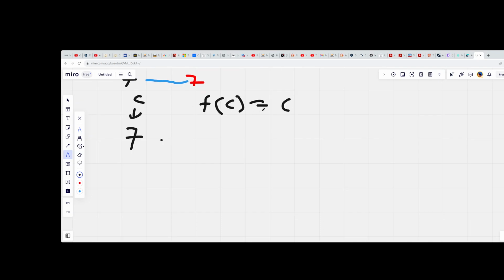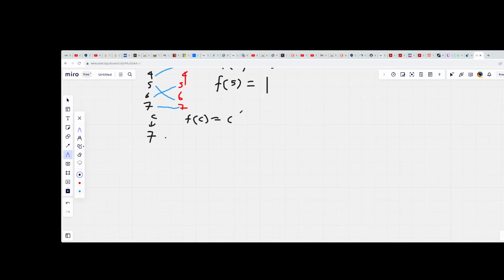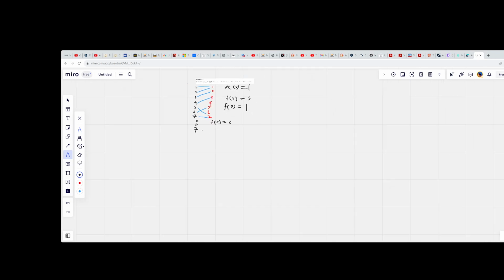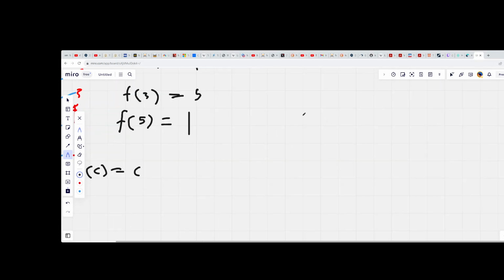The reason why this must be true is because let's say that we're looking at this, like f of 5 is equal to 1. Let's say that I plug in 5 as my input.